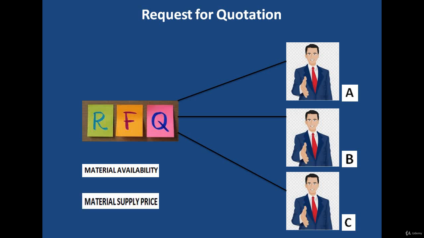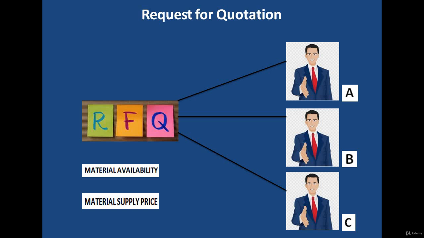Next, material supply price. The company tries to find out, okay, if the vendor can supply the required raw material, at what price he can supply the material to the company. So these are the prime 2 factors which the company tries to collect from the vendor in the request for quotation process.